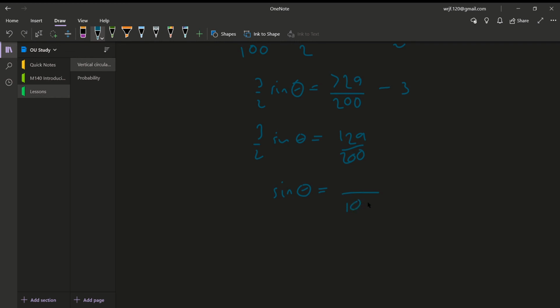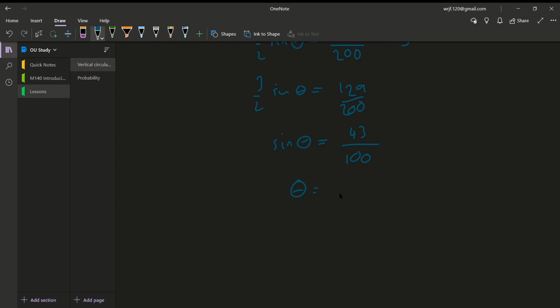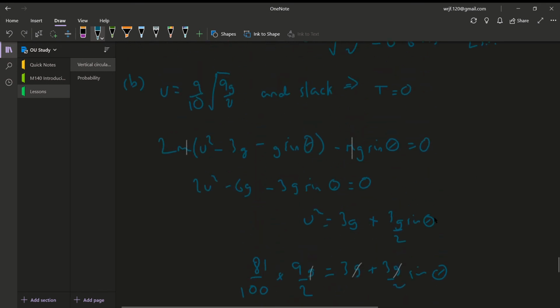And I can cancel out a 3 and make that 43 on the top. Sine theta is equal to 43 over 100, and theta must be the inverse sine of 0.43. And if you type that into your calculator, what you get there is 25.467.